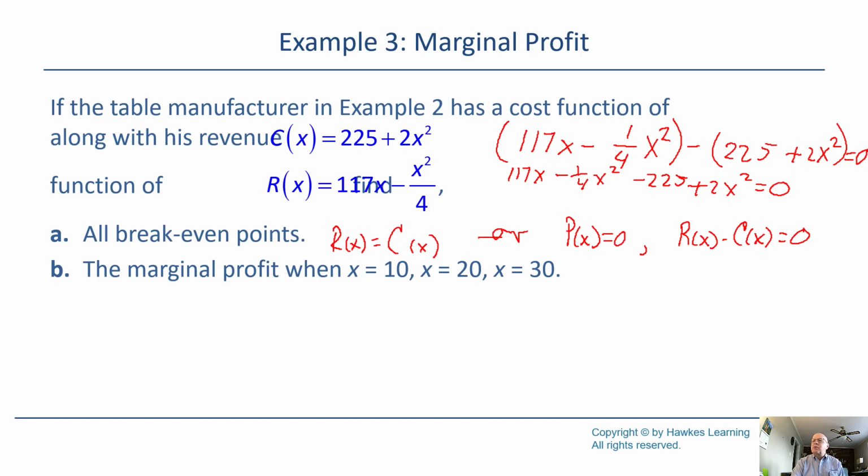All right, let's put this in order. Let's move this down here. We'll put the 2x squared first, but we also have an x squared here. So we'll have, let's see, 8/7 x squared, taking the 2 and subtracting 1/4, plus 117x minus 225 equals 0.